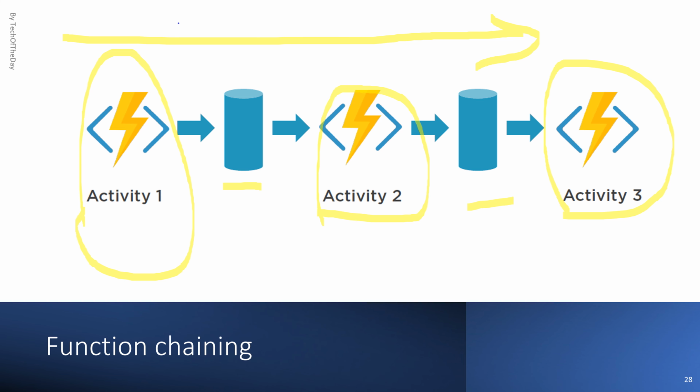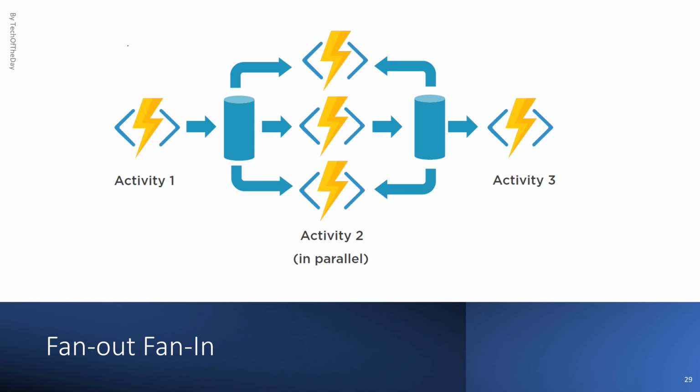This is simple chaining. And then we go to the next one, which is fan out. It is a pattern that runs multiple activity functions in parallel and then waits for all the activities to finish. The results of the parallel executions can be aggregated and used to compute the final results.